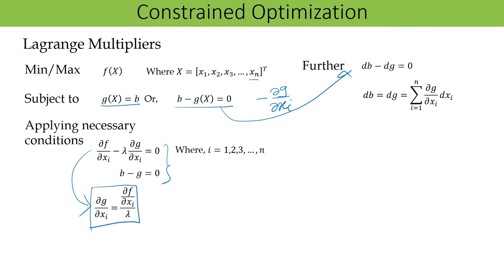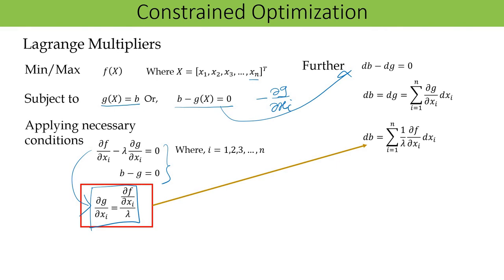When I have n variables, it is the summation over i equal to 1 to n of del g by del xi dxi.